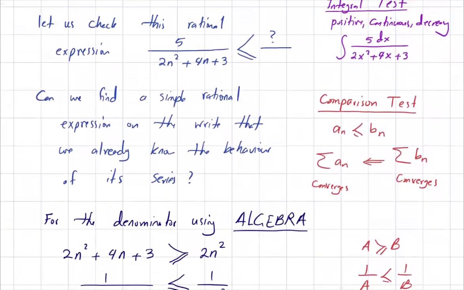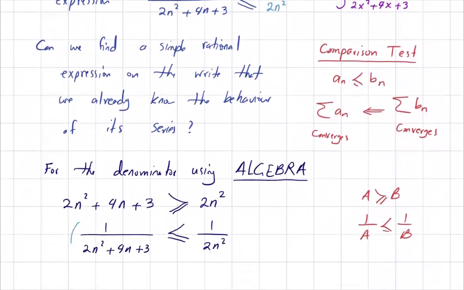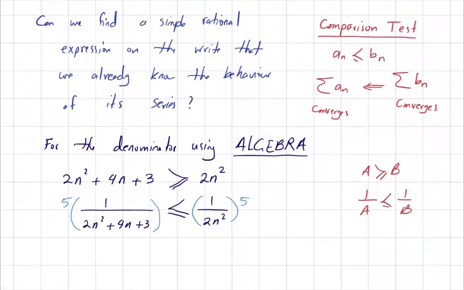Very well. So far, I found my denominator. My denominator is 2n squared. Let me use a different color. What is on the numerator? Just use 5. No one's stopping you. You can multiply both of these fractions by 5 and then you're done. If you multiply this one by 5, multiply this guy by 5, then 5 divided by 2n squared plus 4n plus 3 is less than or equal to 5 divided by 2n squared.